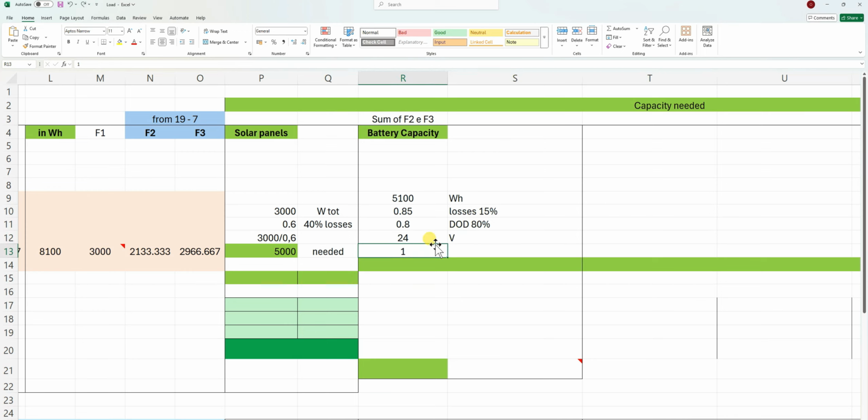And then autonomy 1, that is how many hours you need autonomy, keep it 1, no problem. Okay, so this is 312 ampere hour. This is the size of the battery that I will be needing to get this energy. So this is our battery capacity that we will be needing.